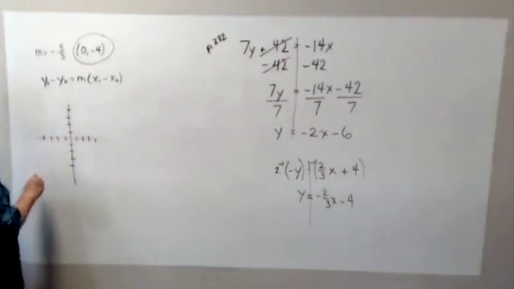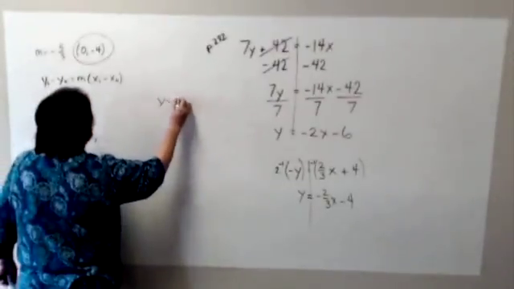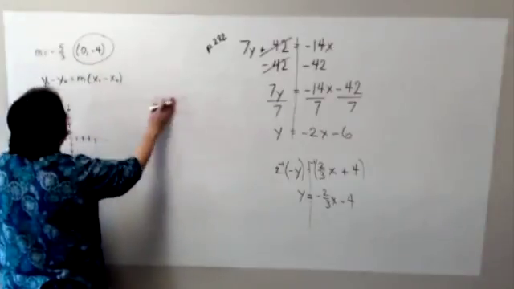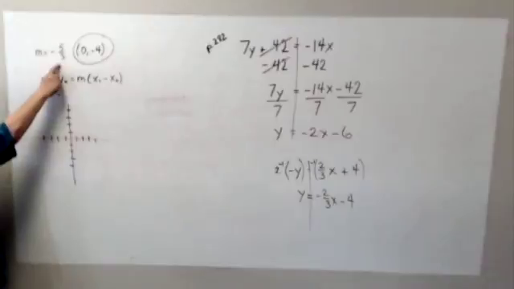A point is just a point. You're thinking of y equals -4 or x equals -4. We're not doing that. Our slope is this, not an undefined slope.